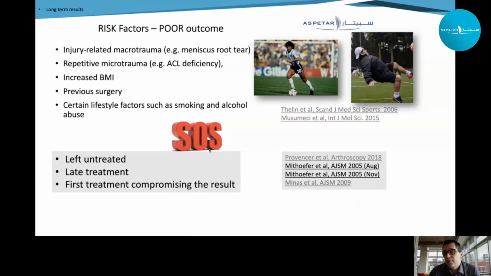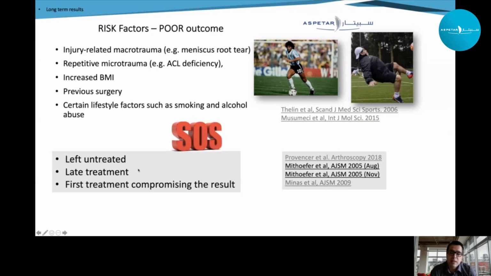We also know, digging into published data, that we are facing a problem of post-traumatic and post-surgical osteoarthritis, especially in athletes, even in non-injured individuals. And we know that some risk factors leading to poor outcome are out there, and you can see this in the list, but I need to stress the last 3 points on the slide a little more.